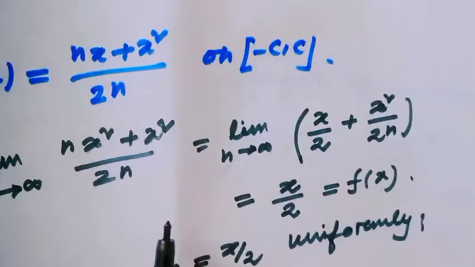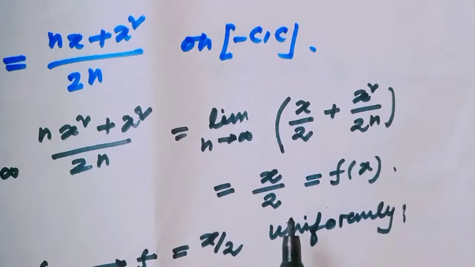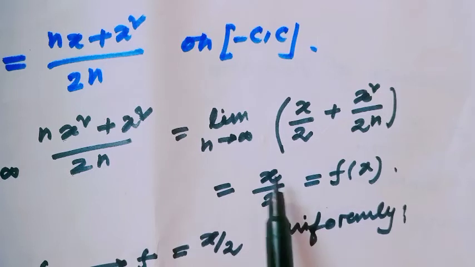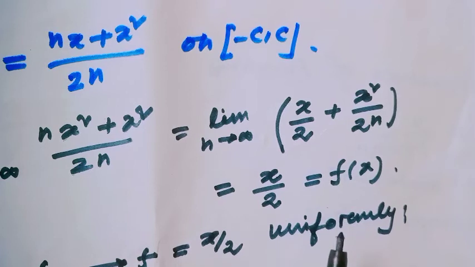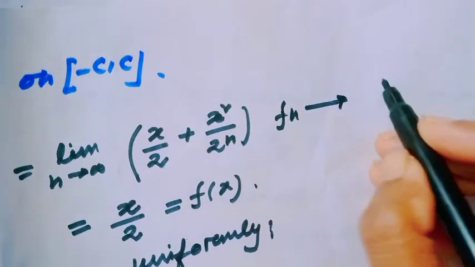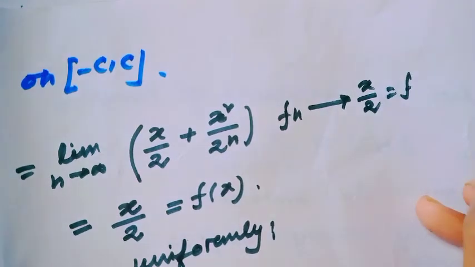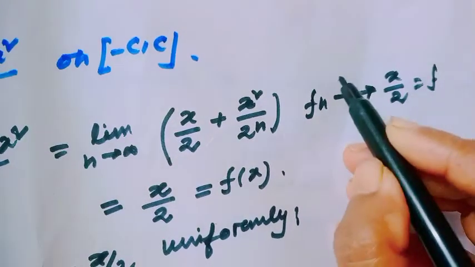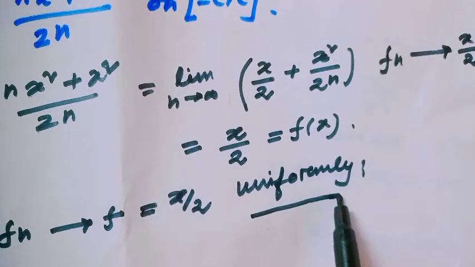If you check, this function converges to the function f(x) equal to x over 2. That means Fn converges to x over 2. Now my question: is this convergence uniform convergence?